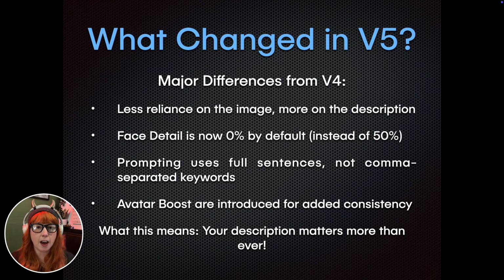V4 to V5 is a whole different beast. Number one, it is a vastly different system. What they call a V4 system is Stable Diffusion, which is a completely different AI than a Flux system, which is what V5 is. They perform differently. I should have prepped this, but I didn't.